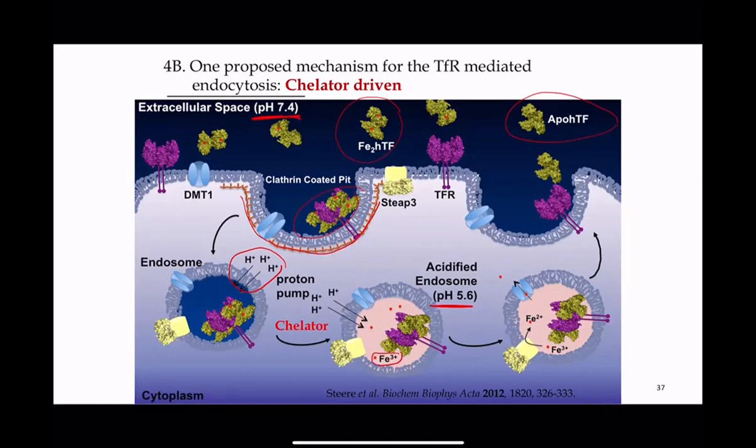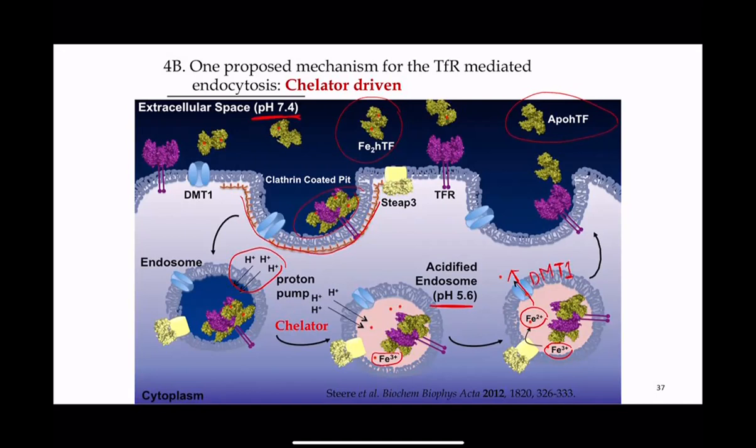All right, so we have the iron 3+, and then there's a critical reduction event where the iron 3+ gets reduced to iron 2+. Okay, so now the iron 2+ has been primed, and now it can actually transport through the divalent metal transporter.